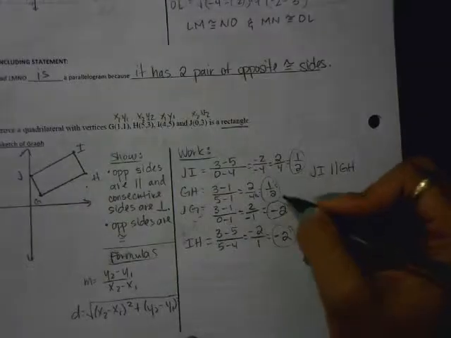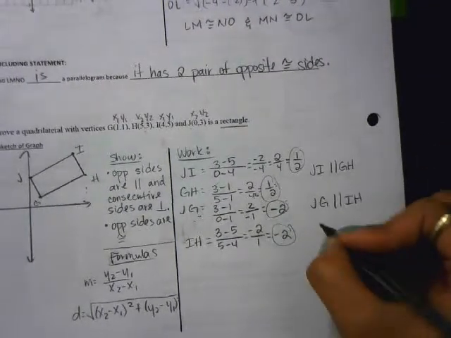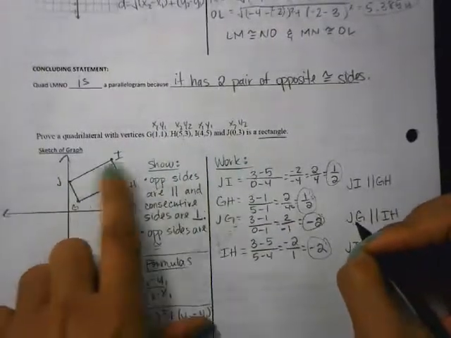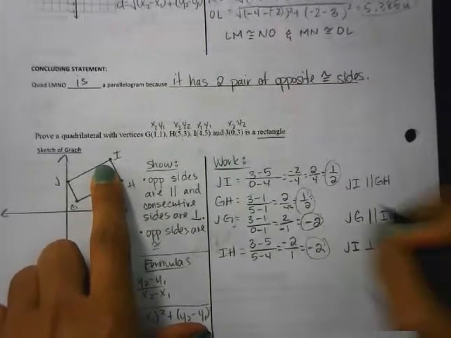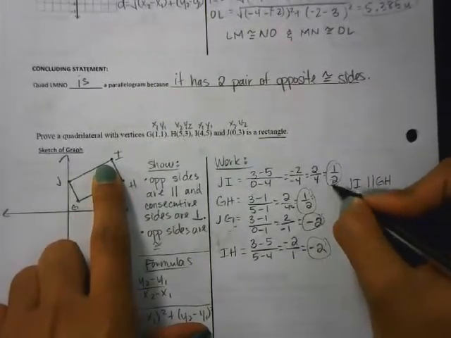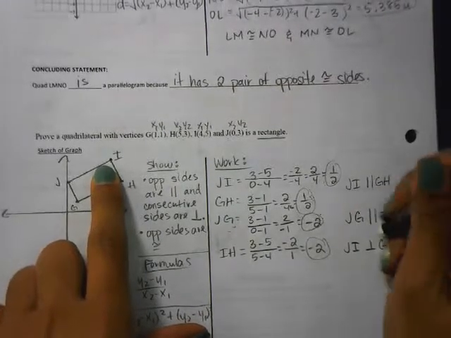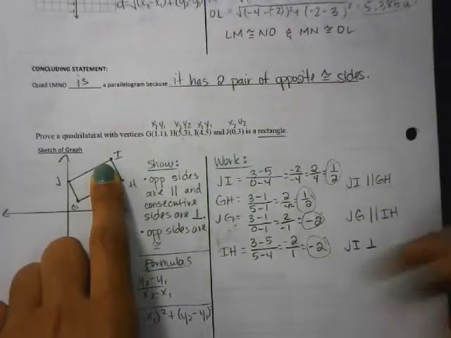So JI is perpendicular to JG. So we can put our right angle here because they have opposite reciprocal slopes. We've also proven that these two, since they have opposite reciprocal slopes, since GH is 1/2 and IH is negative 2, they two are perpendicular. So GH, IH.